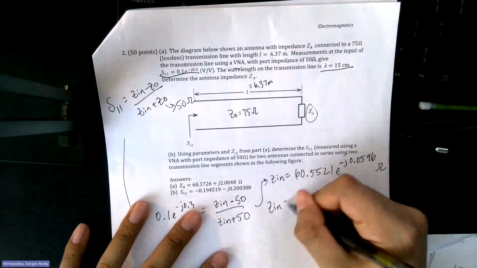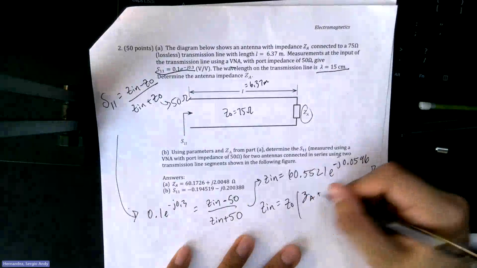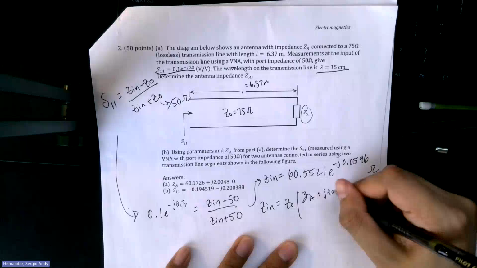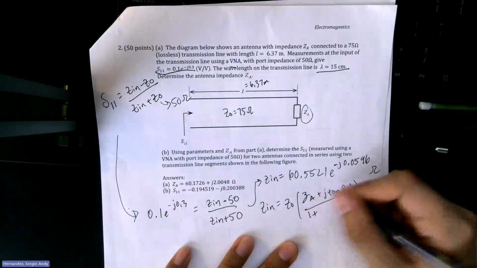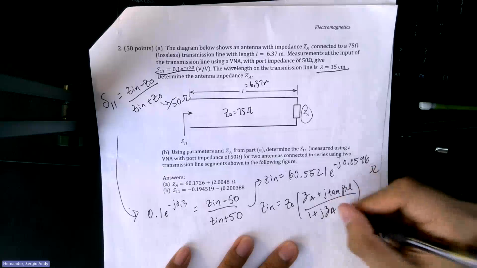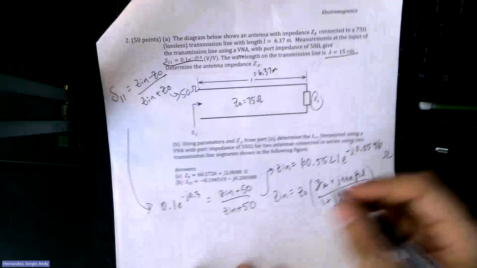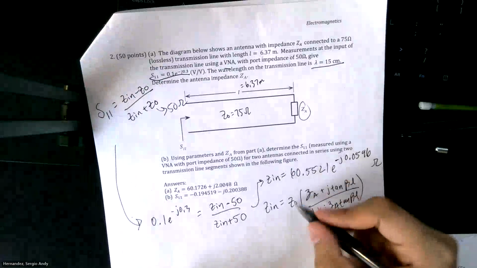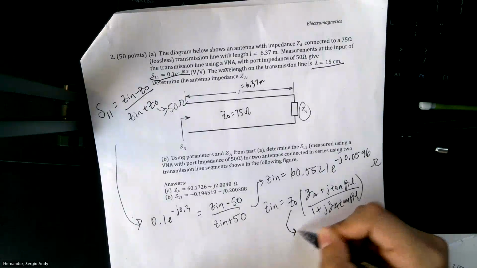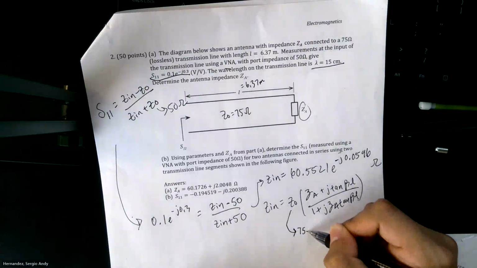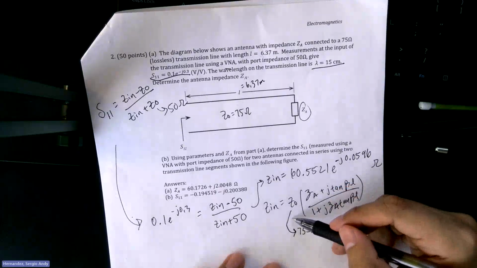So using this equation, (ZA plus j tangent beta L) over (1 plus j ZA tangent beta L), where this is 75 ohms, right?